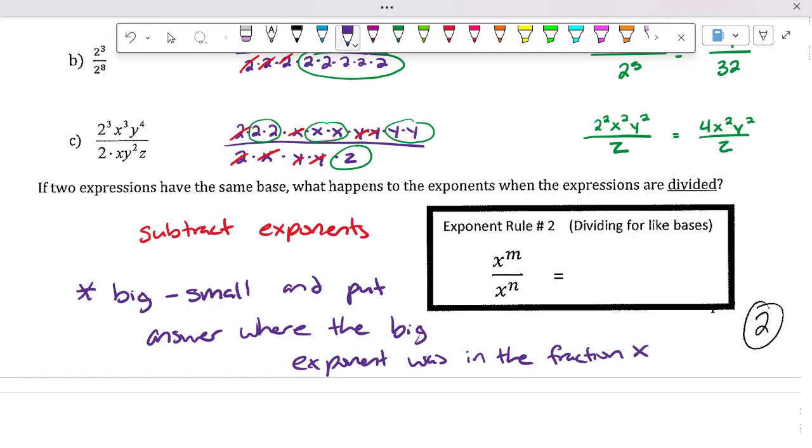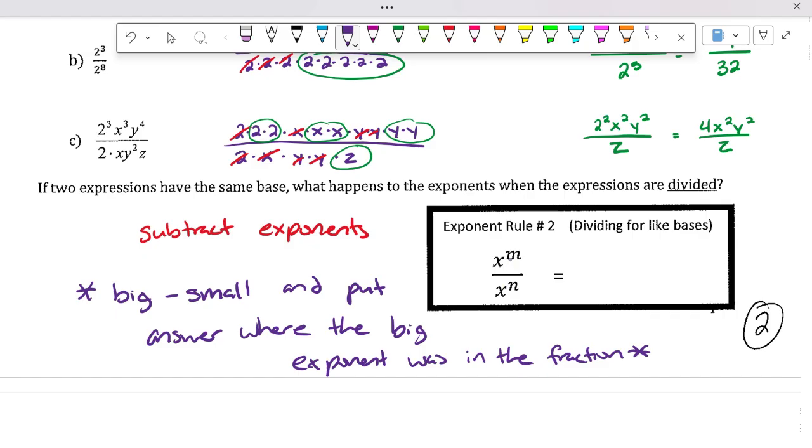So if your big exponent was originally in the numerator, you write your answer in the numerator. If your big exponent was originally in the denominator, you write it in the denominator. The reason that you'd want to do big minus small is so you don't end up with negative exponents, which we'll talk about when we get back from spring break. But for now, we want to avoid them.